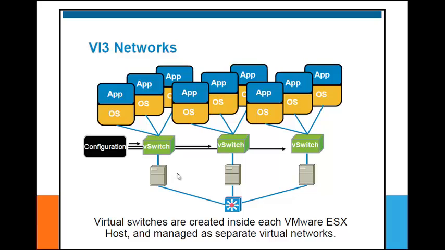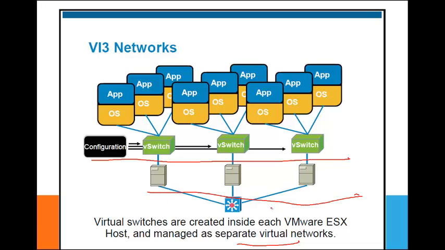Now vSwitches are created inside each ESXi host and managed as a separate virtual network. So they are separate and totally isolated from the physical network. They are managed separately.